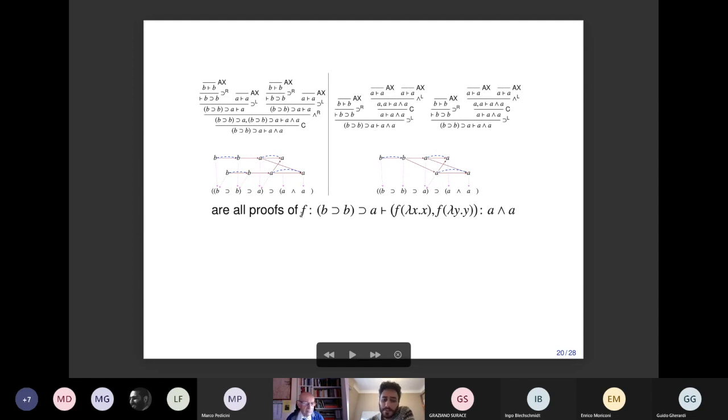But if you go to lambda terms and natural deduction, the proofs in natural deduction identify more proofs. In particular, these two combinatorial proofs can be translated to the same lambda term. And the problem here, at least for me, is that this proof uses b two times, while this proof uses b only one time.